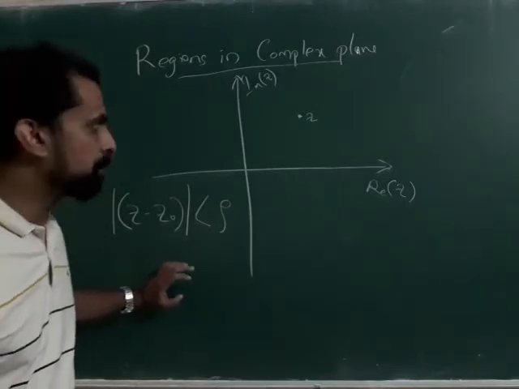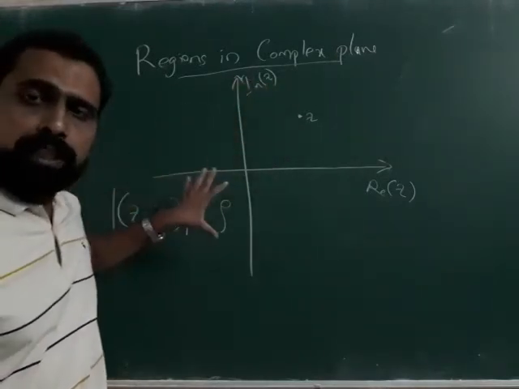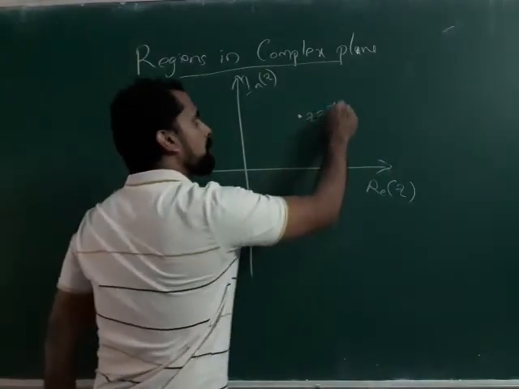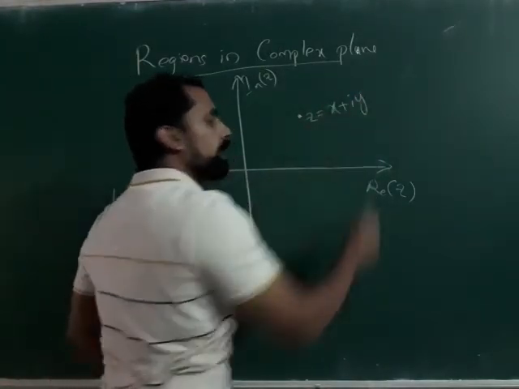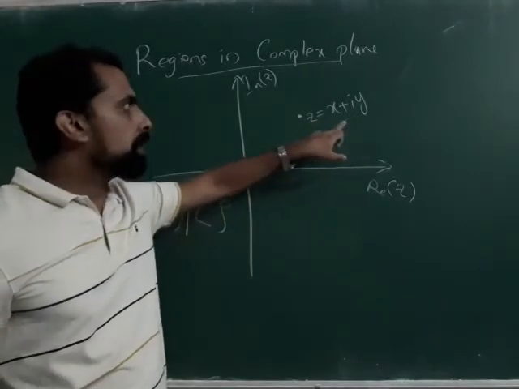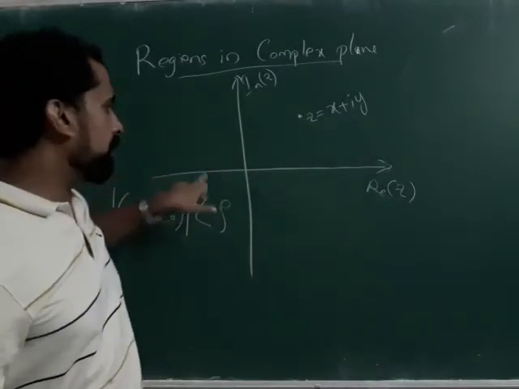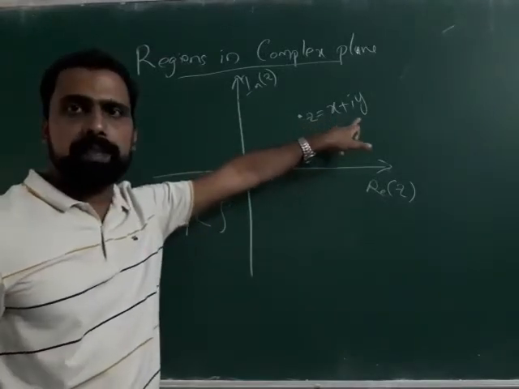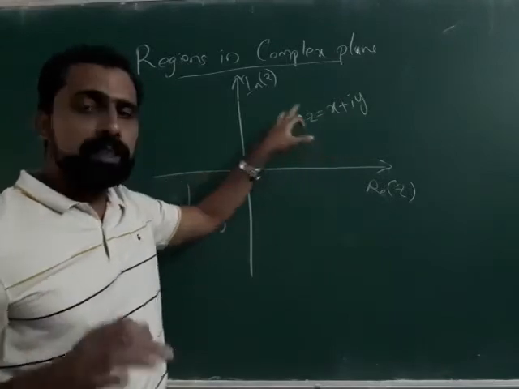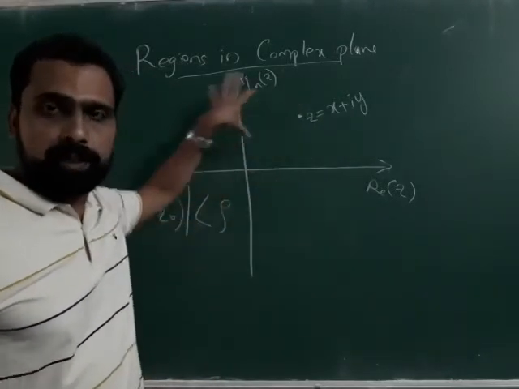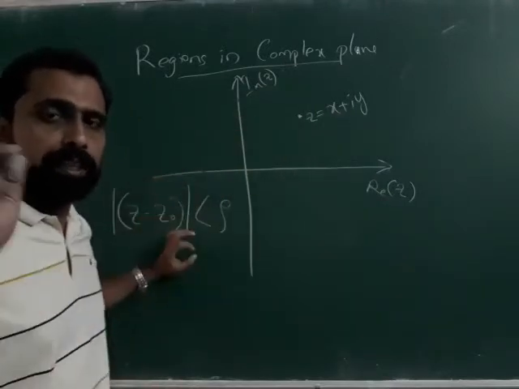How to represent it? Because in a complex plane you have Z equal to x plus iy. Depending upon the value of x and y, your Z may be anywhere on this plane. That's why we call it a complex plane, not a line.